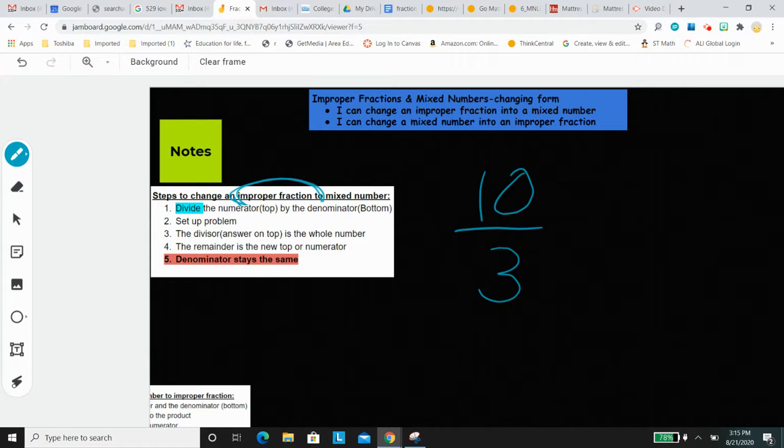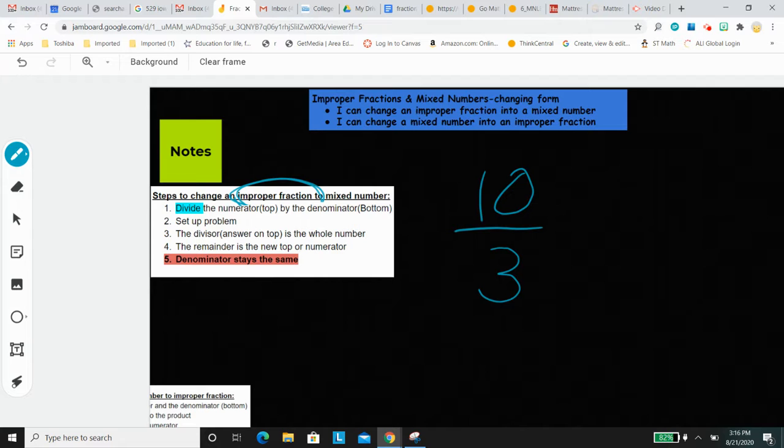That means that the numerator, which is the top number, is bigger than the denominator. This is not the best way to have a fraction in the form that we would want to look at it. But there are times when I need to use a fraction in its improper form. So it's not that it's wrong, it's just another way to write the fraction.